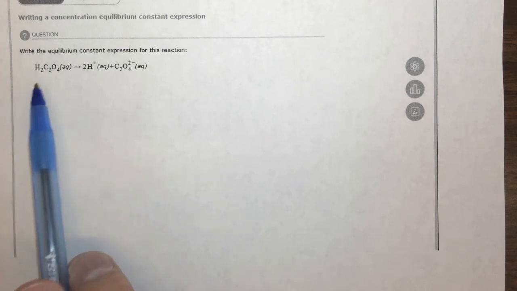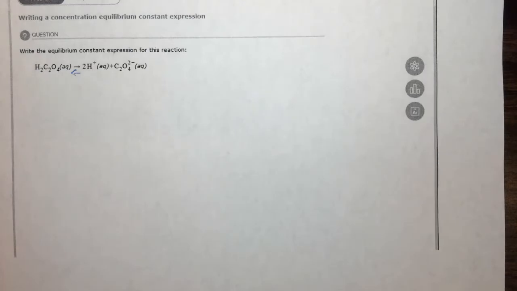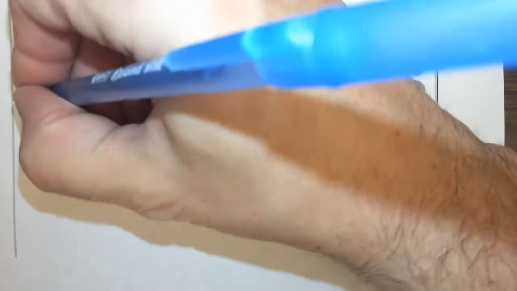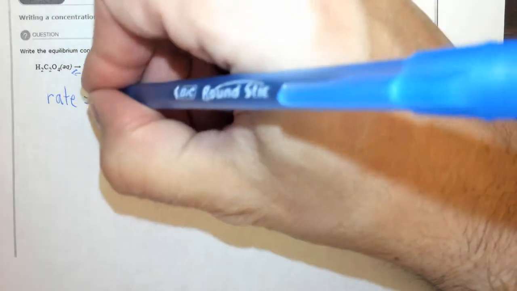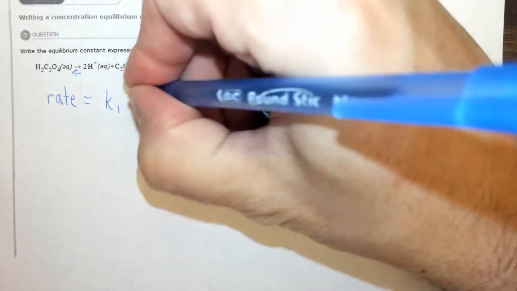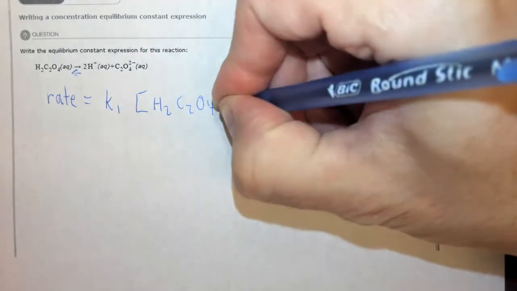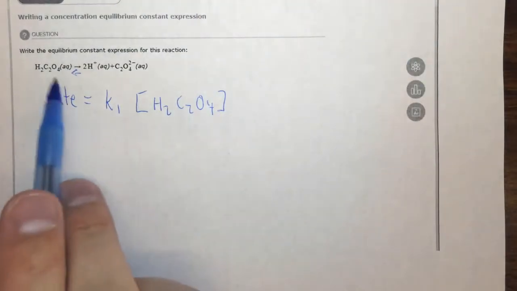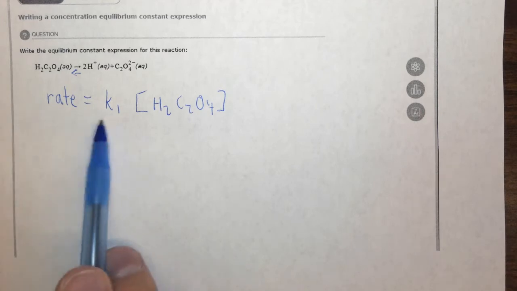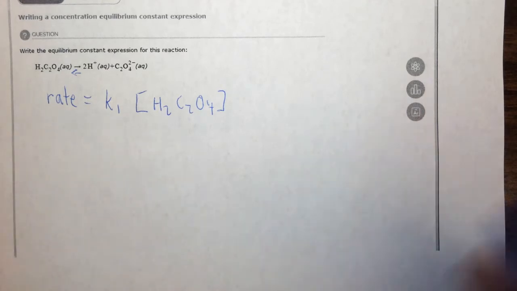So first of all, we have to realize that this is a reversible reaction. The rate of the forward reaction equals K1 times the concentration of H2C2O4. So it equals the concentration of this times the rate constant.